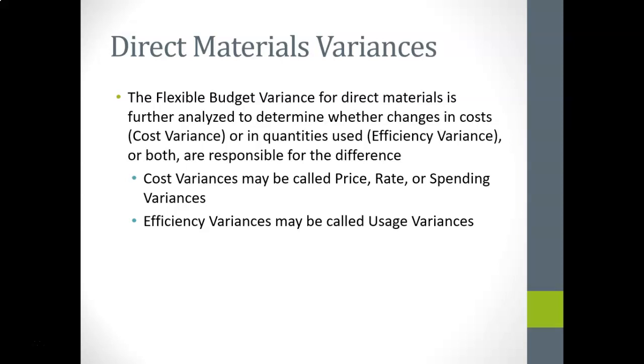But in your book or other places it might be called a price variance, a rate variance, or a spending variance. All of these mean the same thing, so don't let yourself get confused. The efficiency variance may also be called a usage variance.